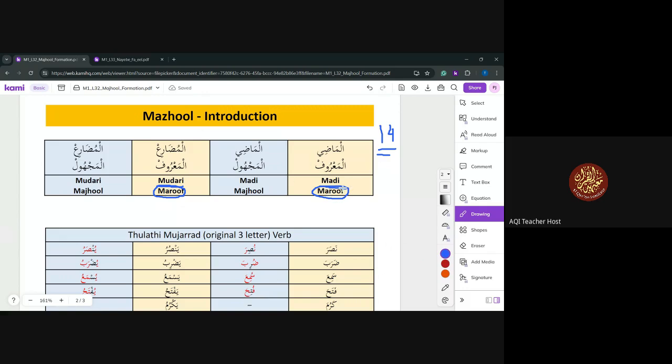As the Maruf verbs that we learned till today have two types, Madi and Mudari, Majhul also has two types. It has the Madi form and the Mudari form as well. So now we will study the Madi Majhul and the Mudari Majhul. It means the passive past tense verbs and the passive present or future tense verbs.